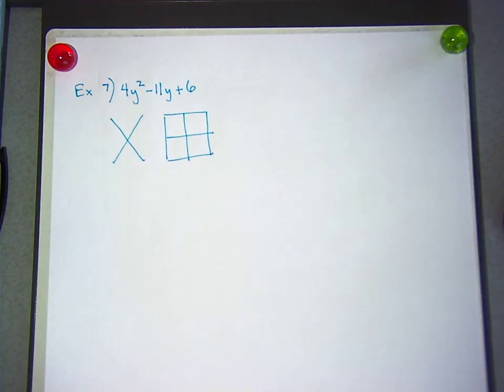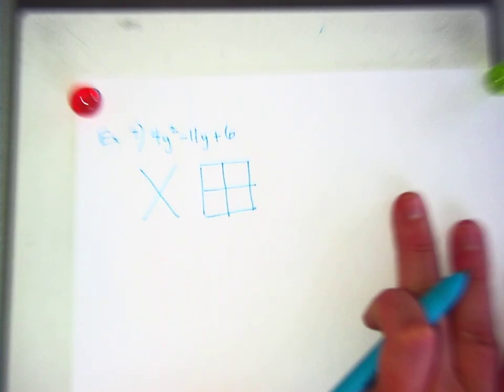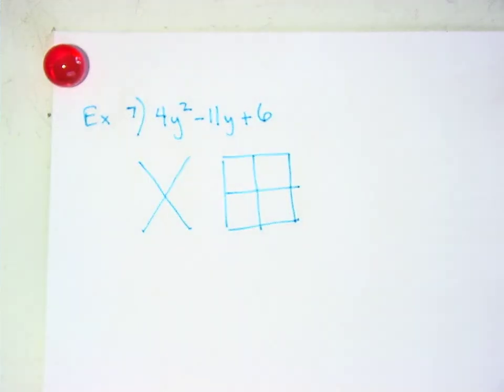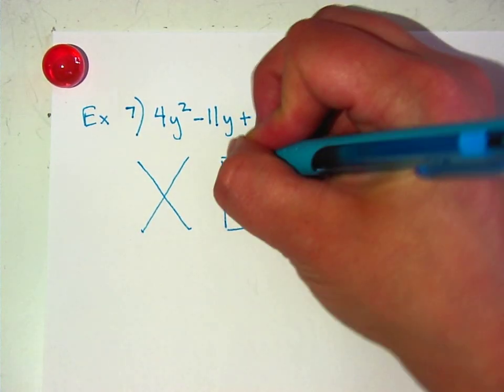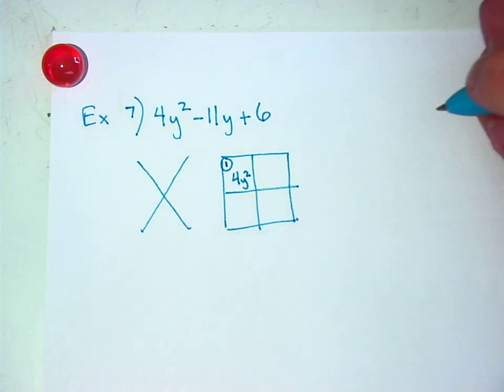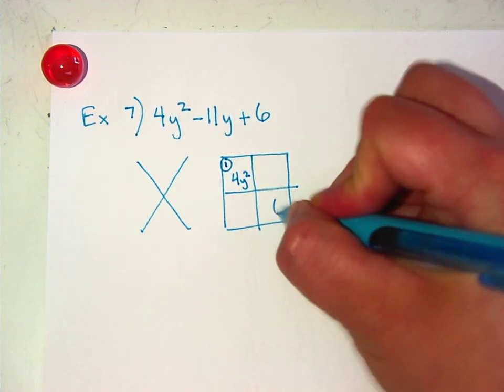Okay, I'm going to zoom in, and I'm going to try to write really clearly. First step is to put in this top left corner, or A corner, a 1 there because that's my first step. 4y squared. In the bottom corner goes 6.